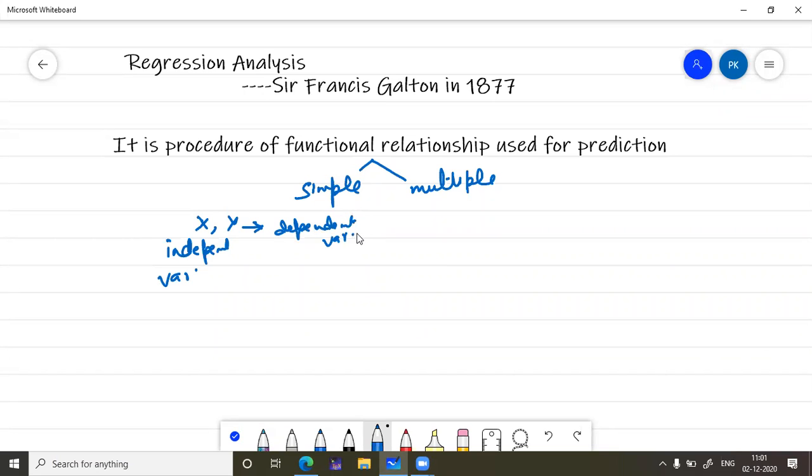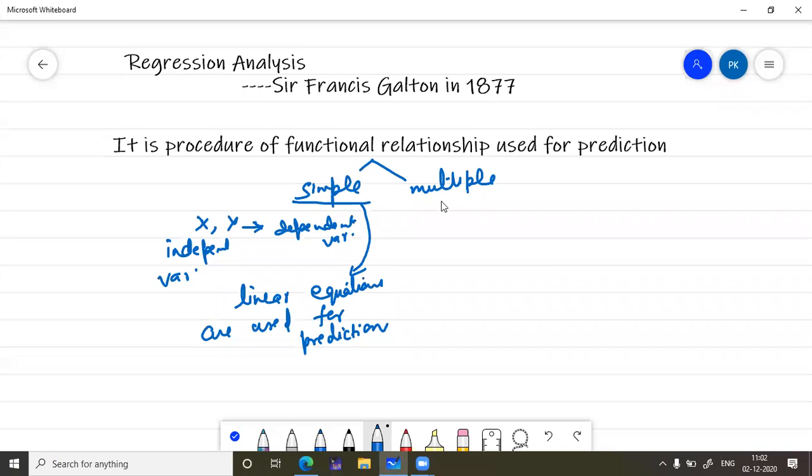In simple regression analysis, only linear equations are used for prediction.